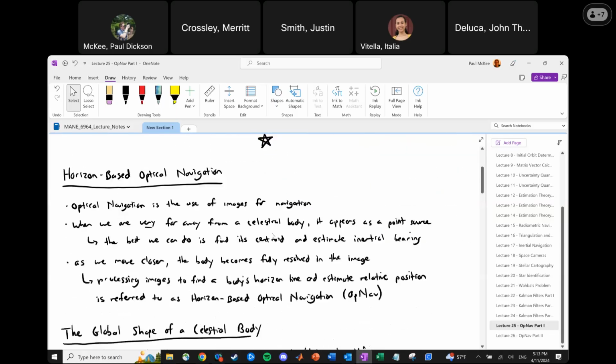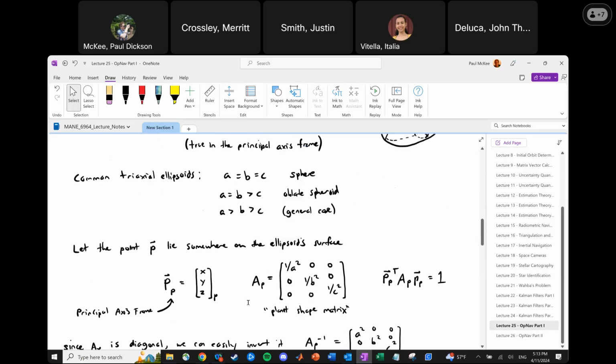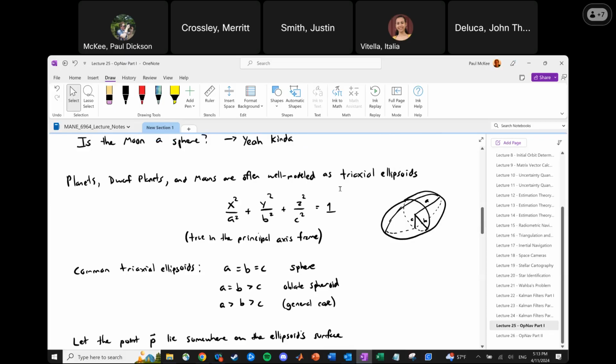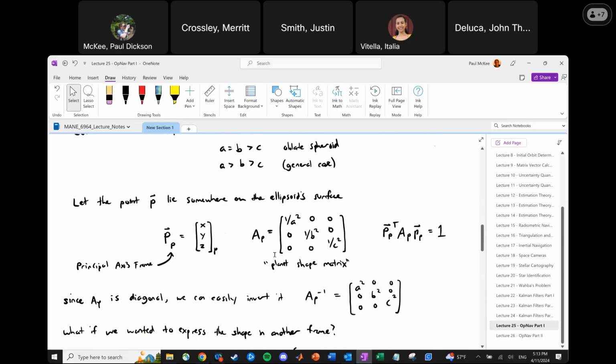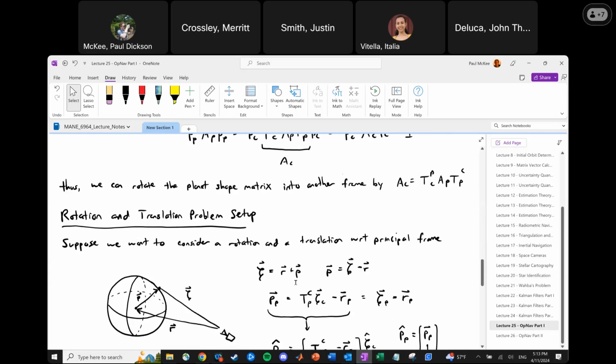So we talked about the global shape of a celestial body, how we can come up with this matrix A, which is the planet shape matrix, if we treat it as a triaxial ellipsoid, and how A can be inverted, and it can be in the planet frame, or there's the principal frame. It could also be in the camera frame.